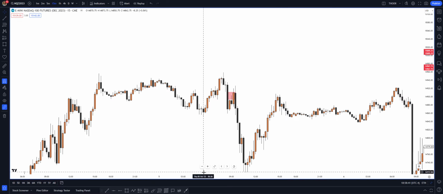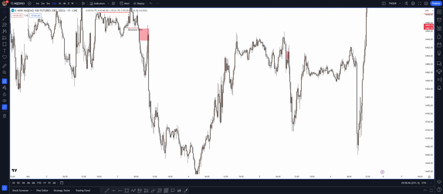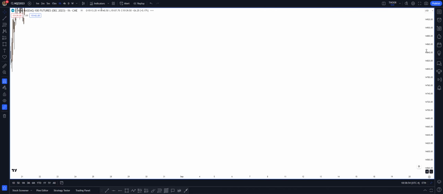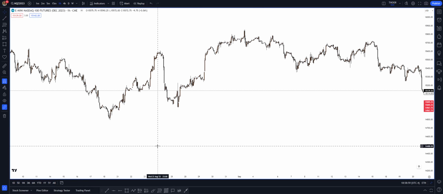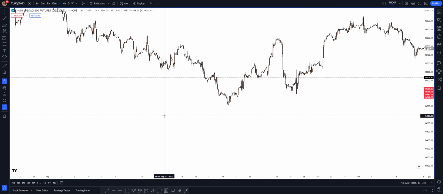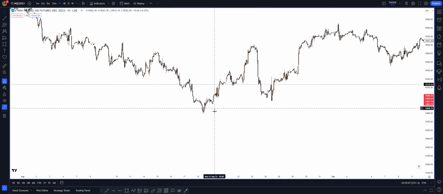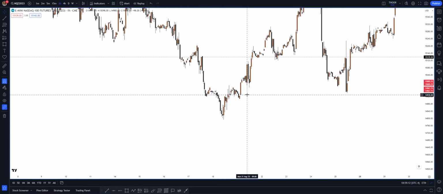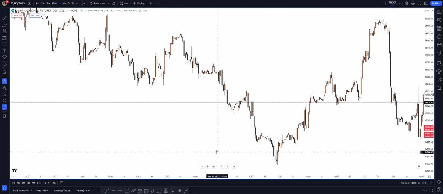Now let's take a look at a bullish example. So let's go on a 1 hour chart here. Maybe I should switch to NQ continuous, oh, never mind. I got one here. Wait, I lost it.